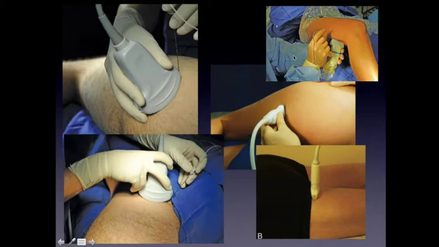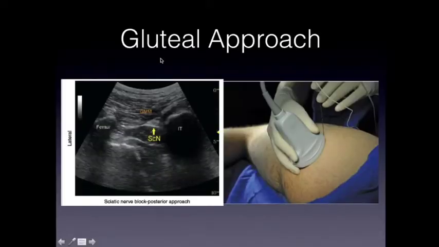I mean, we have different levels to approach the sciatic nerve. We can do it either proximally, especially for hip surgery, or distally for surgeries involving the knee or below the knee level. And in these more superficial approaches, we can use the linear transducer with high resolution ultrasound. I will present you now the gluteal approach.